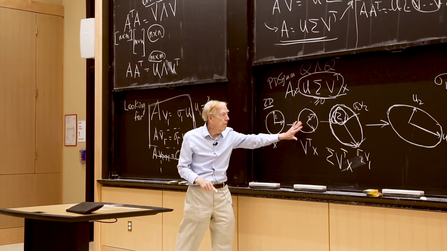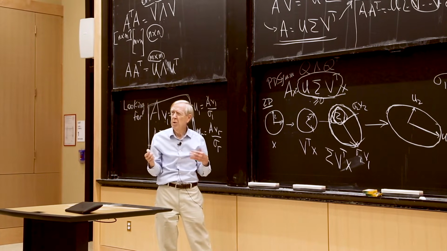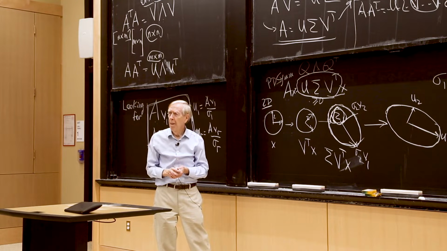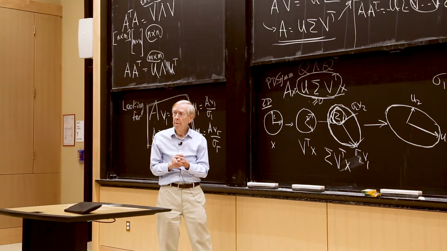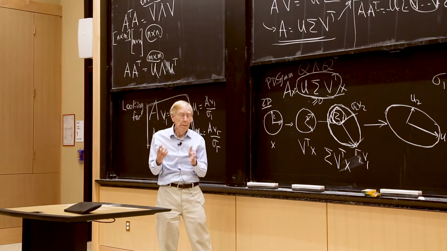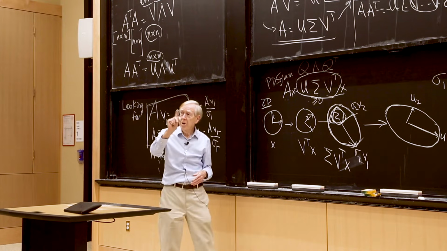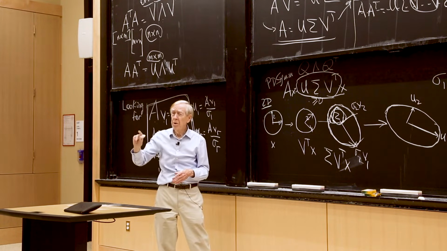How many parameters does a 2 by 2 rotation require? 1. It's like I have cos theta, sine theta, minus sine theta, cos theta.